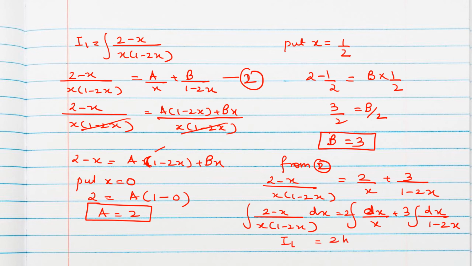Here we can write 2 log mod x plus 3 log mod 1 minus 2x, divided by minus 2 will come, plus C1. So I1 we got as 2 log mod x plus 3 log of mod 1 minus 2x.